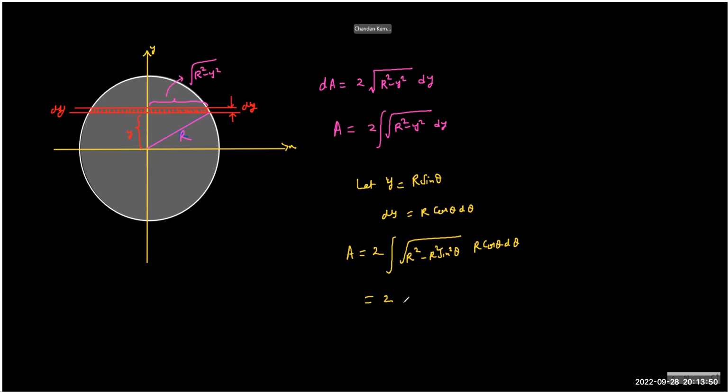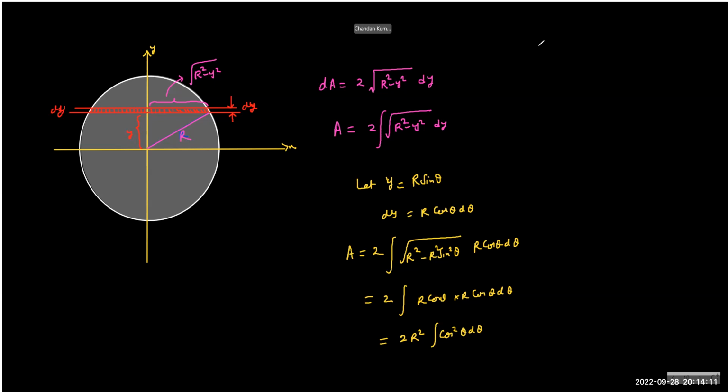I will put the limit later on. This is r cos theta, right? So what you get is 2r square cos square theta d theta.